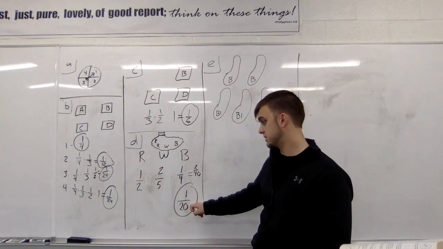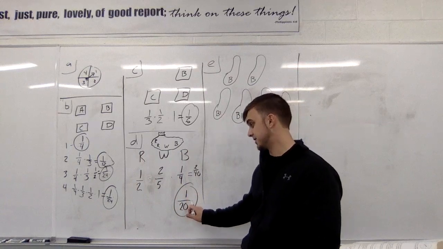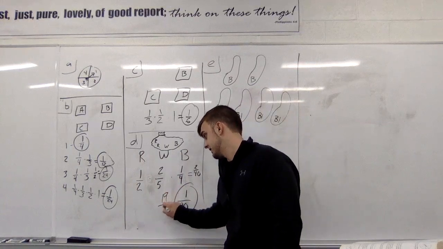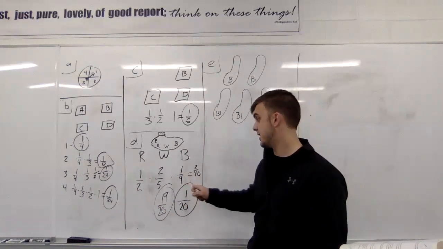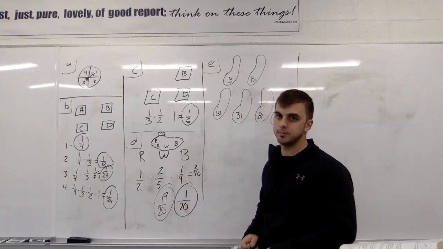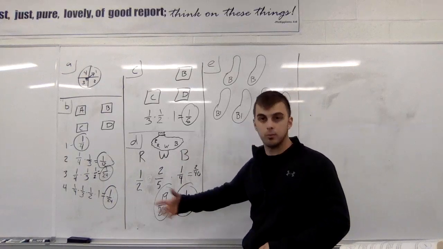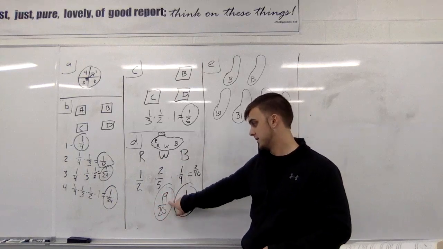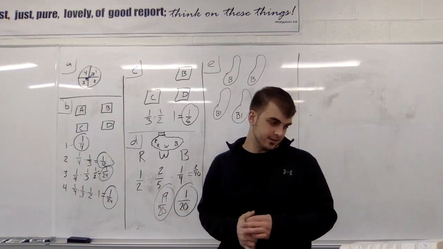Well, if this reduced down to 1/20, then there's 19 out of 20 possible outcomes for not drawing a red, white, and blue, because when you add these together, it equals 1. That's all it's asking there. Figure out the probability of the first thing, and then what's the chance of it not happening?